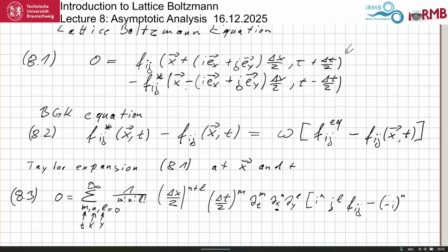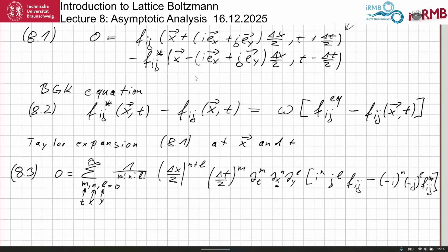This is what we later observe, and of course minus j by the power of L, and this goes into the post-collision state f_ij asterisk. So nothing magical here, hopefully. This is just the 3-dimensional Taylor expansion. I'm going to call this thing T, because it's a little lengthy.